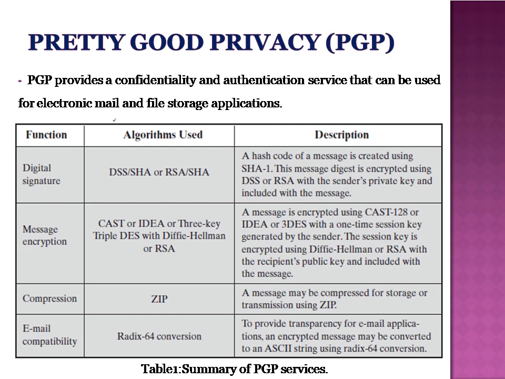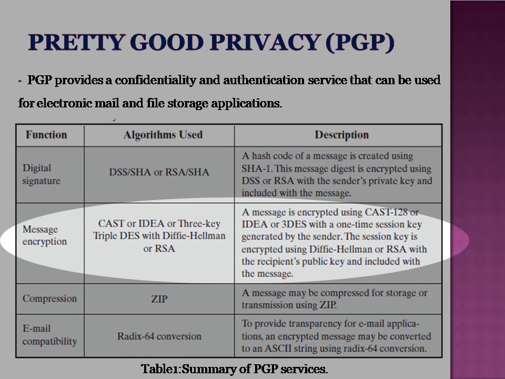Next we have message encryption, and the algorithms used here are CAST or IDEA, or 3-key triple DES with Diffie-Hellman or RSA. So these are the algorithms used for message encryption in PGP. Coming to the description, a message is encrypted using CAST-128 or IDEA or 3DES with a one-time session key which is generated by the sender.